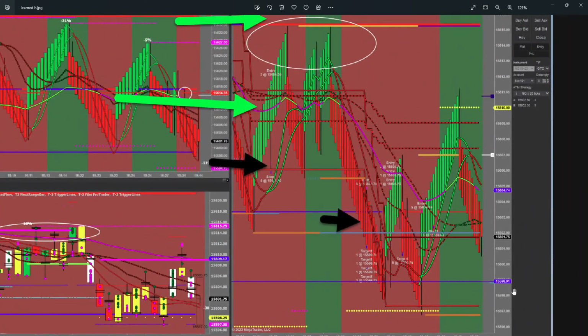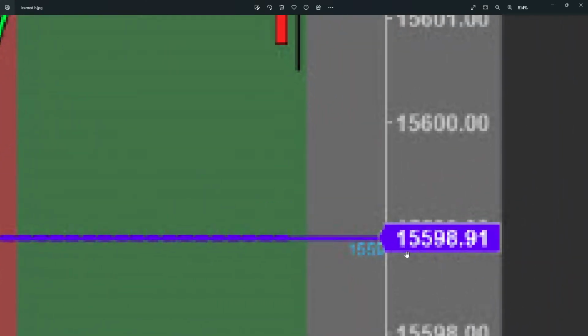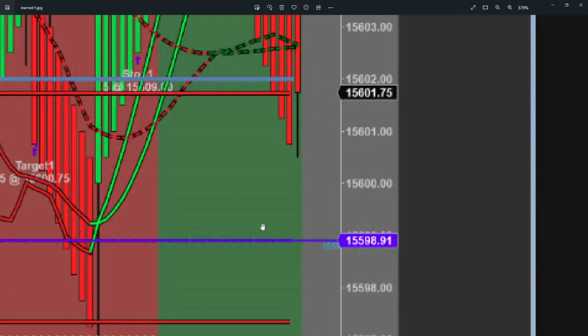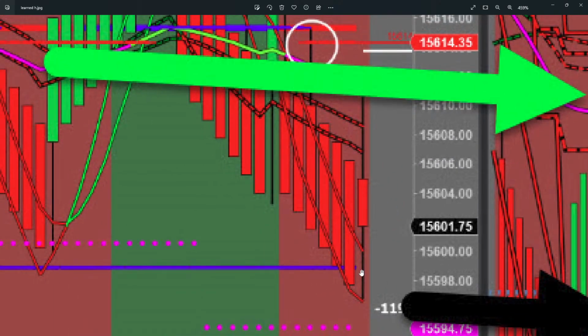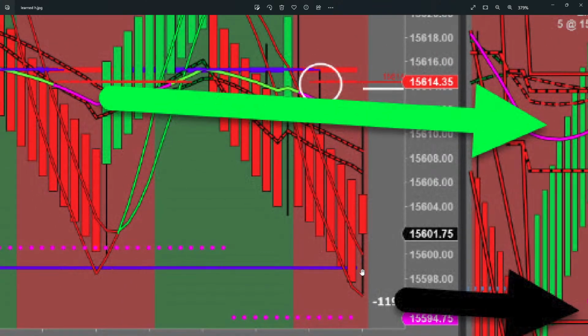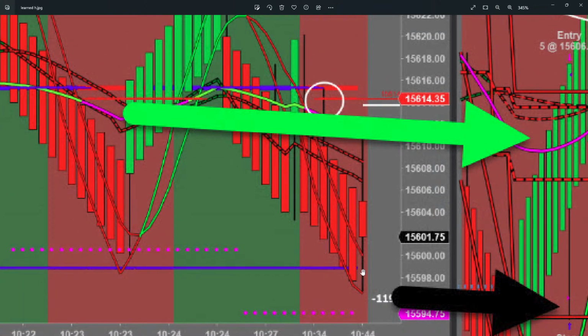And here's when you get to 15,598, that's over here. How many triggers are past the support? Not a lot. And I understand you're trying to break that support.